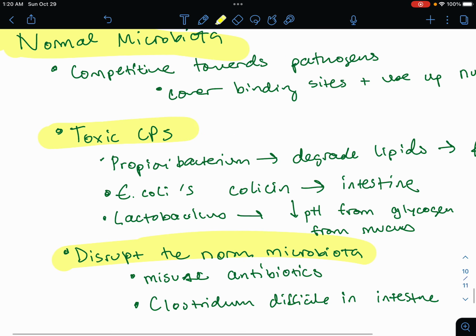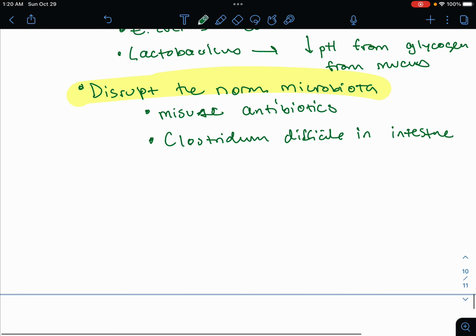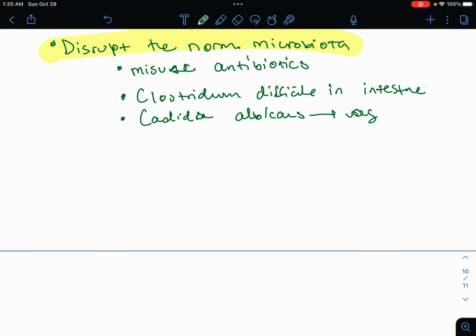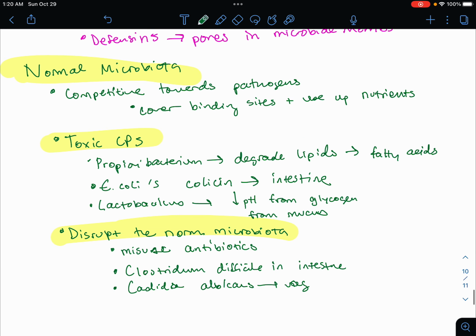And just highlight some of these. And Candida albicans in the vagina. And then, of course, the normal microbiota are essential to the development of the immune system.